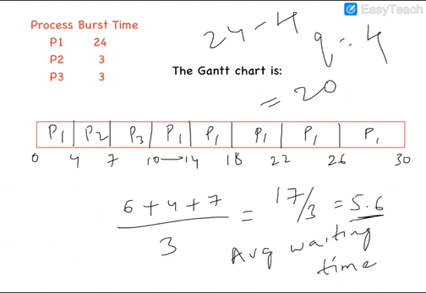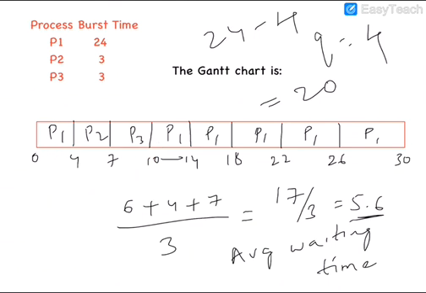Now we have to calculate the average waiting time. To do that, you have to find the waiting time of each process. The waiting time of P1 is 6. How 6? P1 has waited for 10 units of time, and in this 10 units of time it has already used 4 units of time.